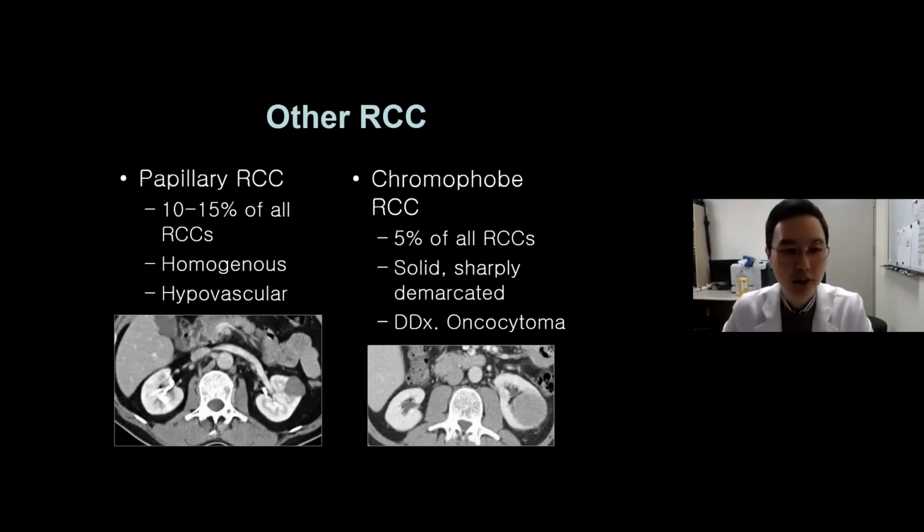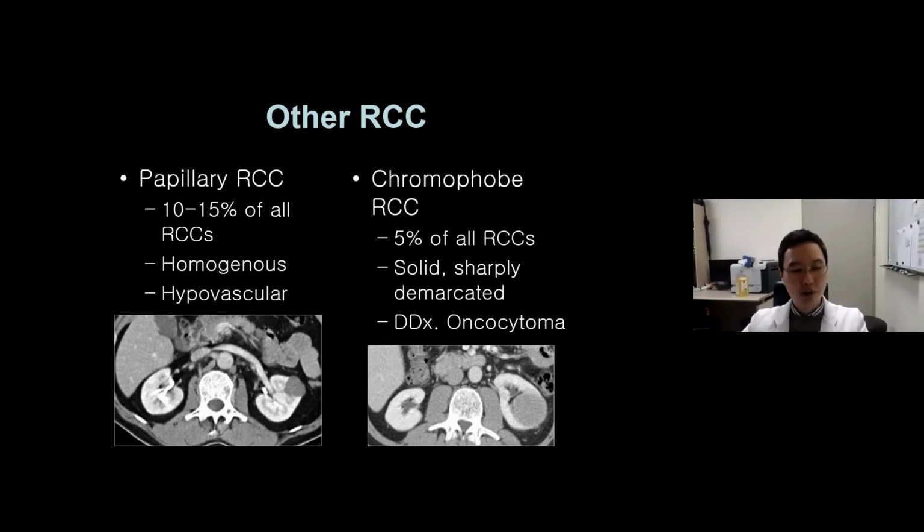Next to clear cell carcinoma is papillary RCC, which accounts for 10 to 15% of all renal cell carcinoma, and it has a very homogeneous feature and is hypovascular. So in some cases, it may be hard to discriminate between a cyst and this papillary renal cell carcinoma.